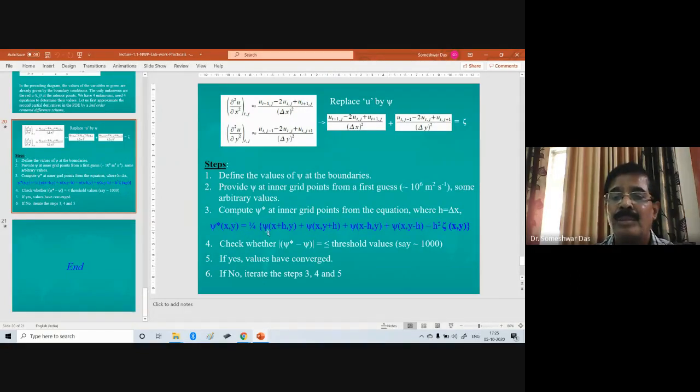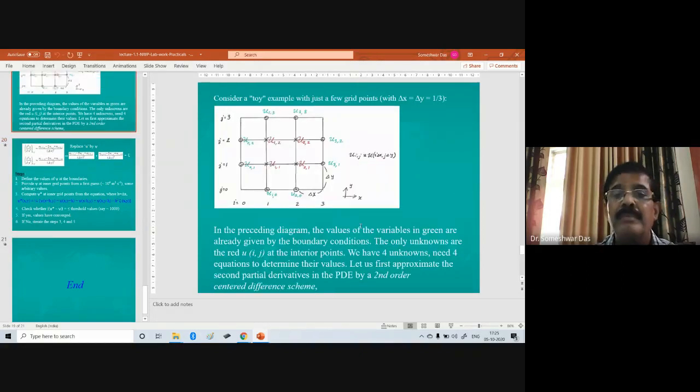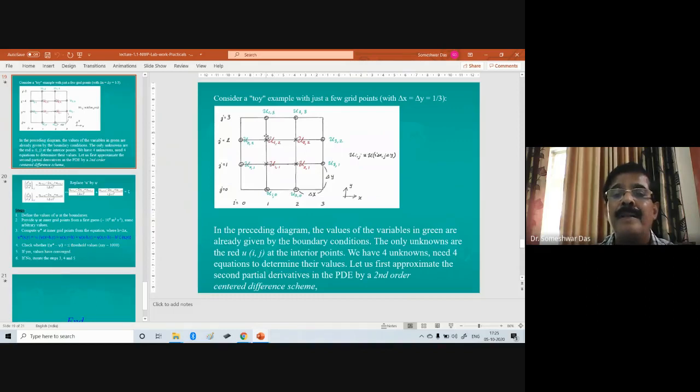Because this is nothing but the 4 surrounding points: x plus h y, x y plus h, x minus h y, x y minus h. They are the 4 surrounding grid points. Suppose you are trying to compute here, these are the 4: this point, this point, this point, and this point. They are the 4 surrounding points of psi. If you look at this grid, that expression is actually the 4 surrounding points at the point of your interest. You are not calculating at the boundary because you assume that boundary values are prescribed, right?